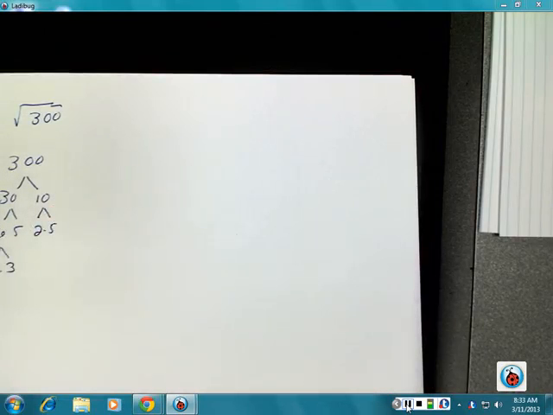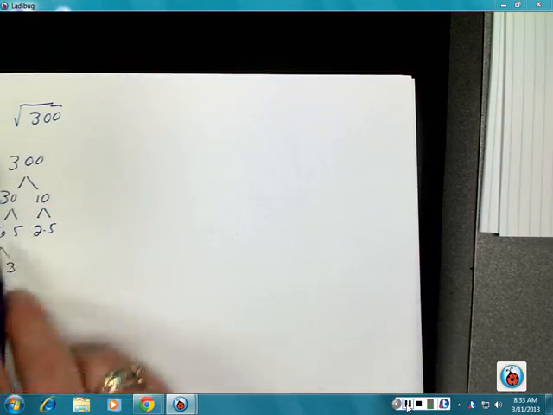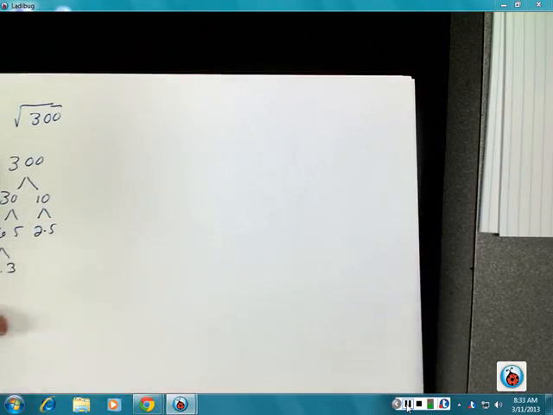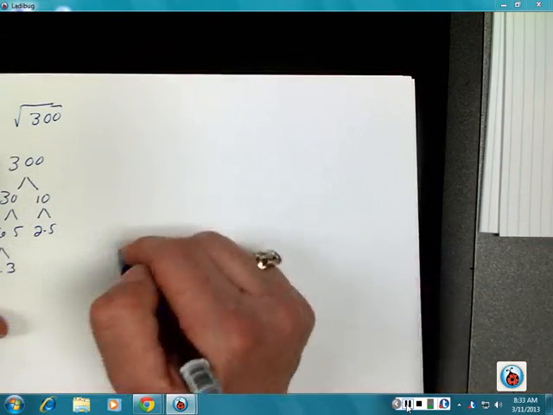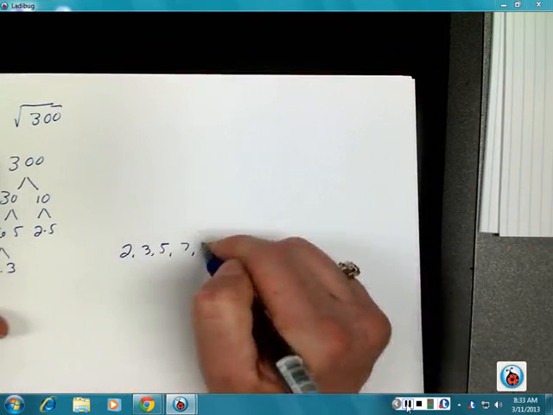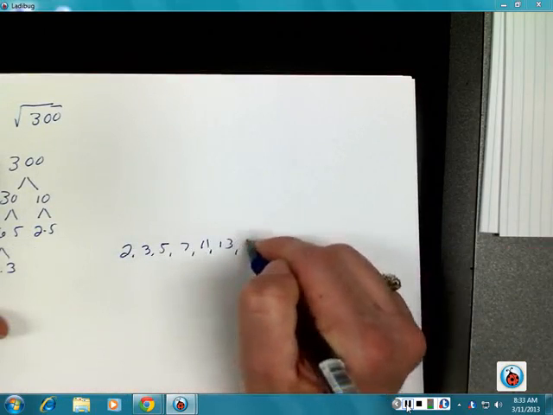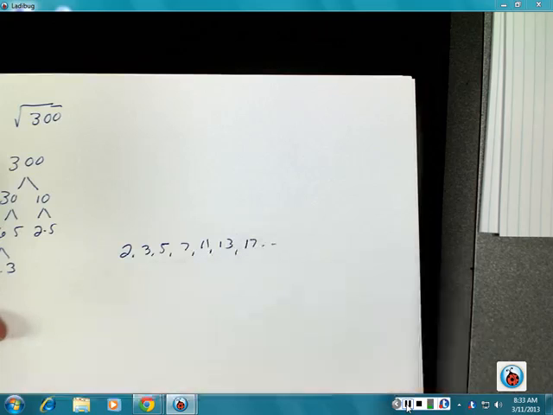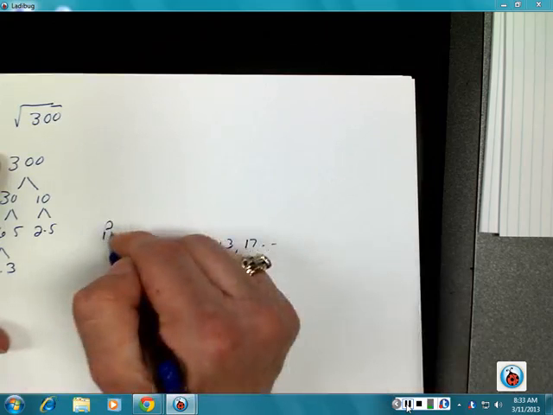We okay with that part? Again, all of these numbers at the tail ends are your prime numbers. And again, the review of prime numbers are 2, 3, 5, 7, 11, 13, 17, and going on and on.